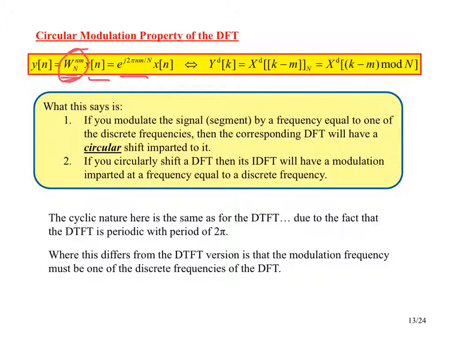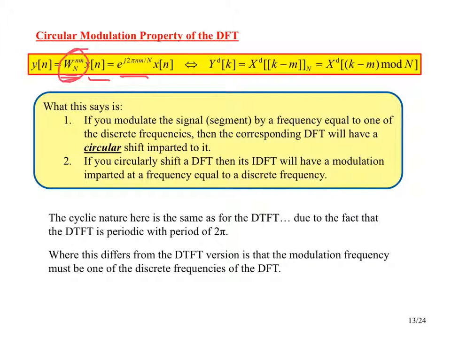So notice that our frequency here has the value equal to one of the DFT frequencies. So we can't just pick any old frequency that we're modulating by, but we're modulating by some integer multiple of our DFT frequency spacing.